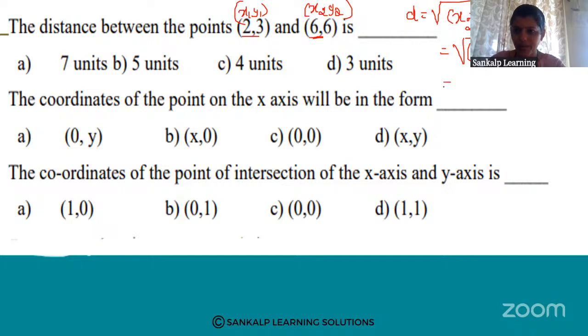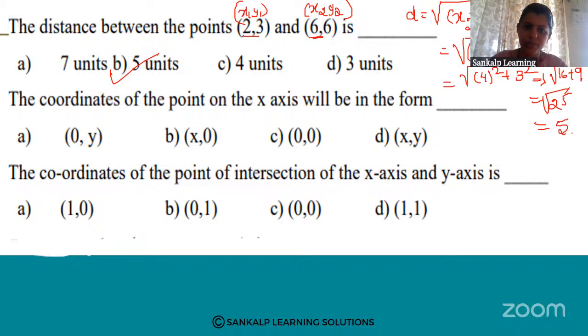So 6 minus 2 is 4, 4 square plus 6 minus 3 is 3, 3 square. That means 4 square is 16 and 3 square is 9. So 16 plus 9 is 25. Yes. So square root of 25 is 5. That means option B, 5 units, is the right answer. So this is the distance between points A and B.